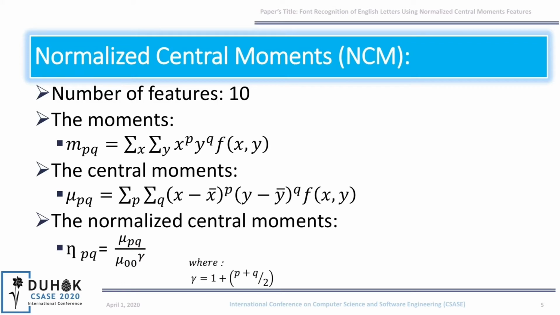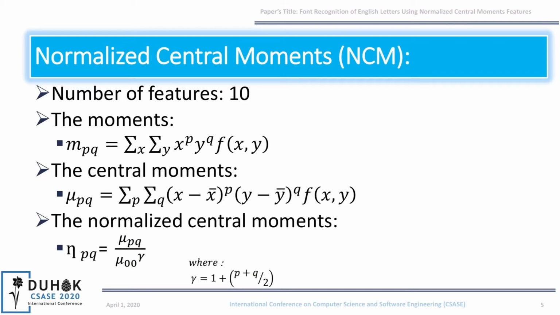To obtain normalized central moment features, first we have to find the moments by the following equation: M_pq equals the summation over x, summation over y, of x to the power p, y to the power q, f of x, y. The sum of p and q is the order of the moment. x is the value of the row and y is the value of the column, while f of x, y is the pixel intensity.